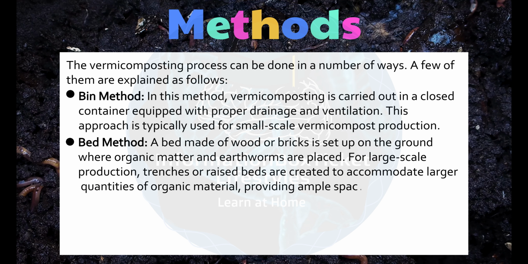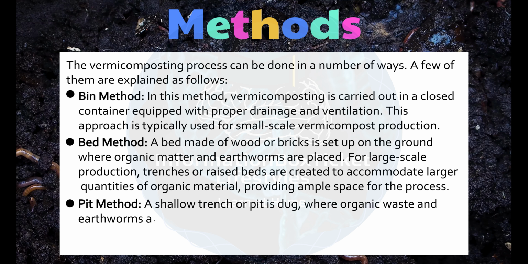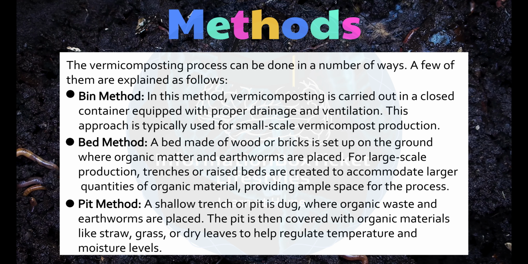Bed method. A bed made of wood or bricks is set up on the ground where organic matter and earthworms are placed. For large-scale production, trenches or raised beds are created to accommodate larger quantities of organic material, providing ample space for the process. Pit method. A shallow trench or pit is dug, where organic waste and earthworms are placed.